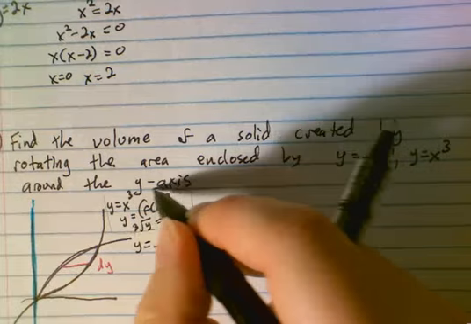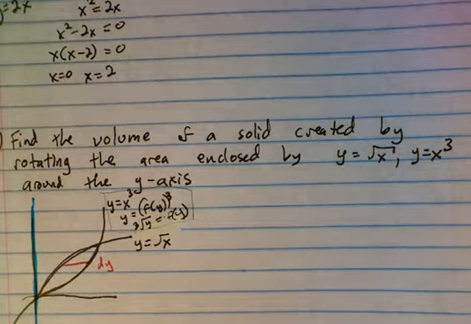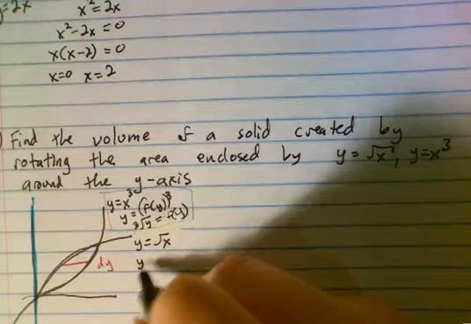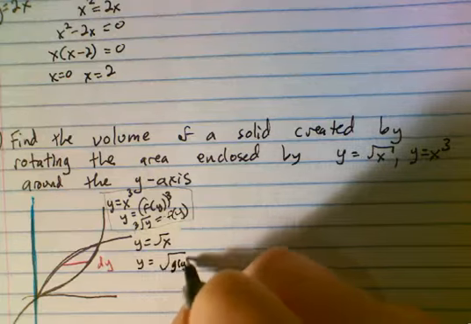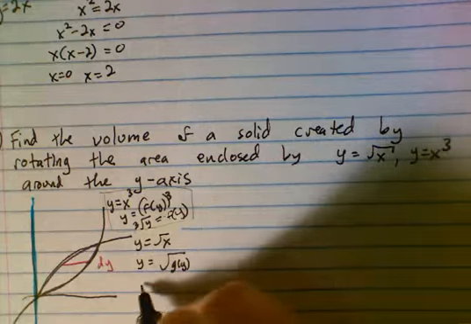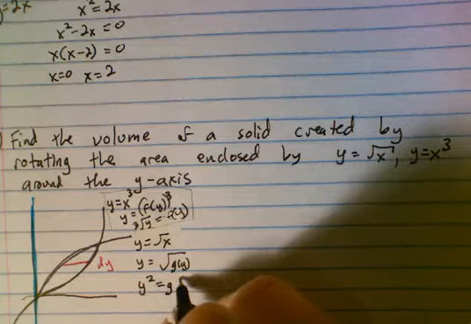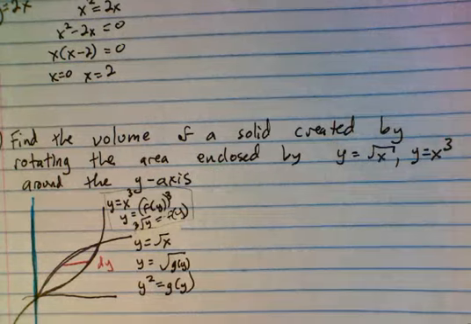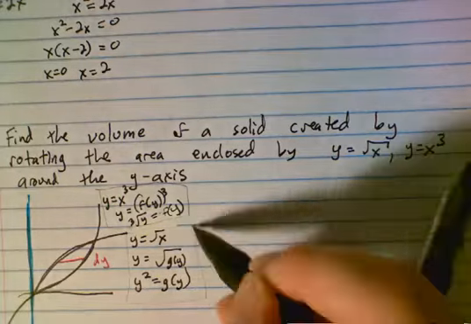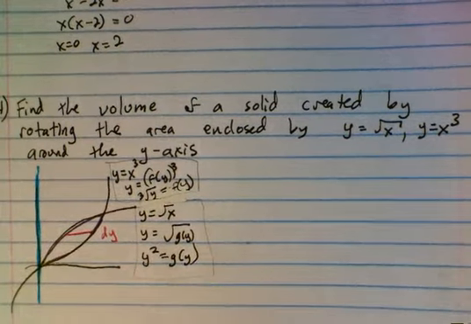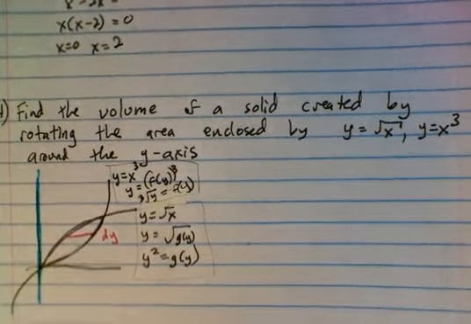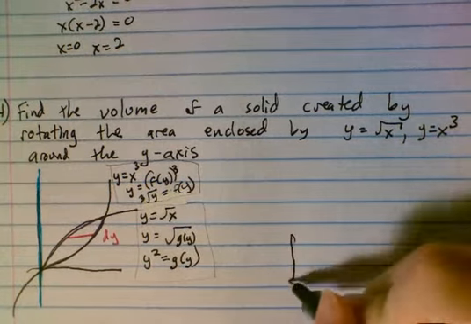I'm going to sort of box that to show that that's all that one up there. And then let's let this one be g of y, square both sides. And I'm going to box this again so we kind of have that all together. And I can start setting this up.